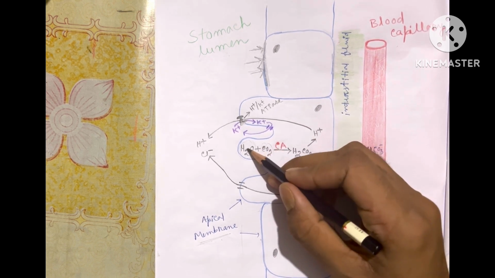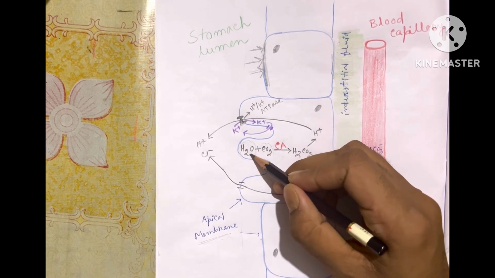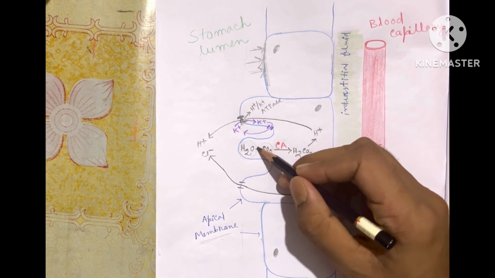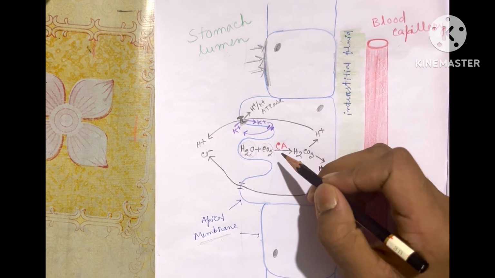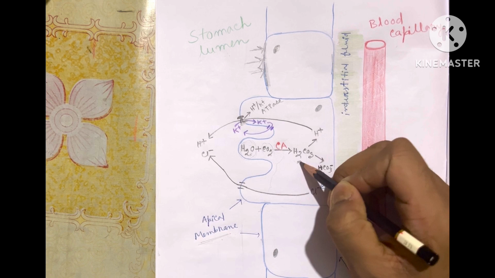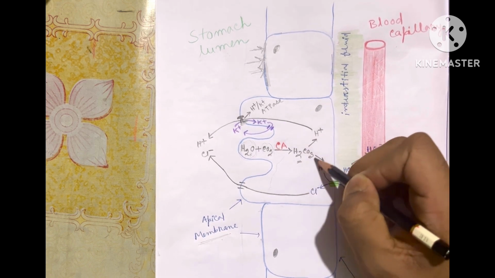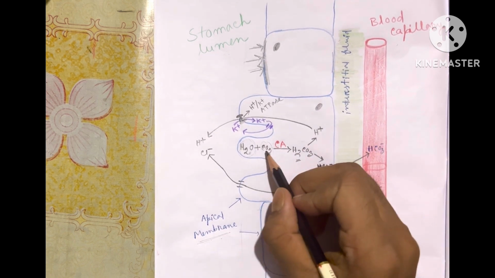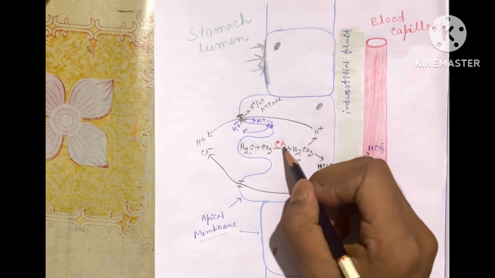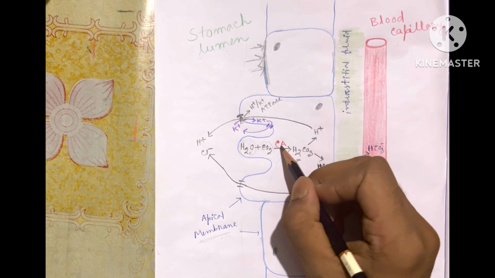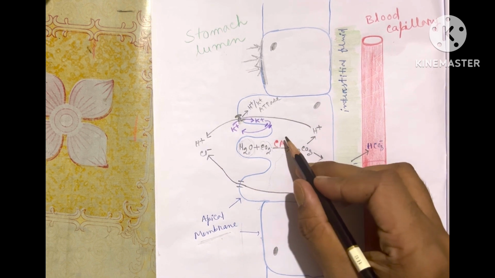So when H2O, water, and carbon dioxide react, they form carbonic acid, H2CO3, and this reaction is catalyzed by carbonic anhydrase. It's an enzyme.